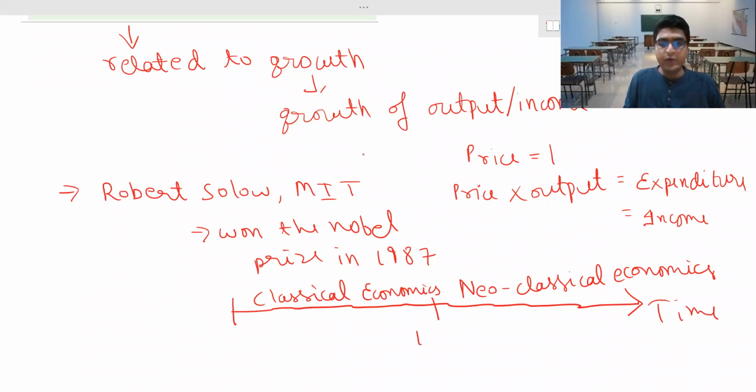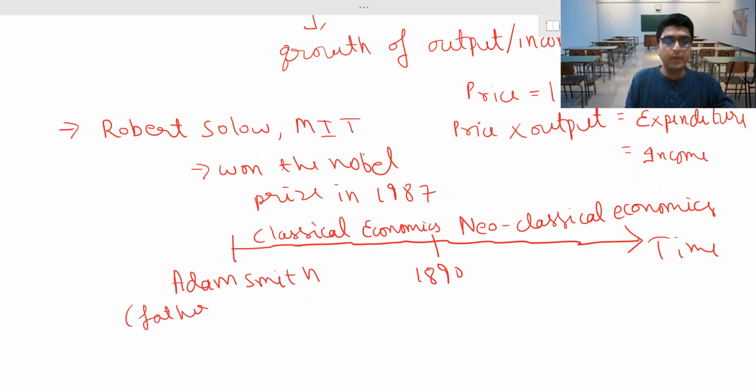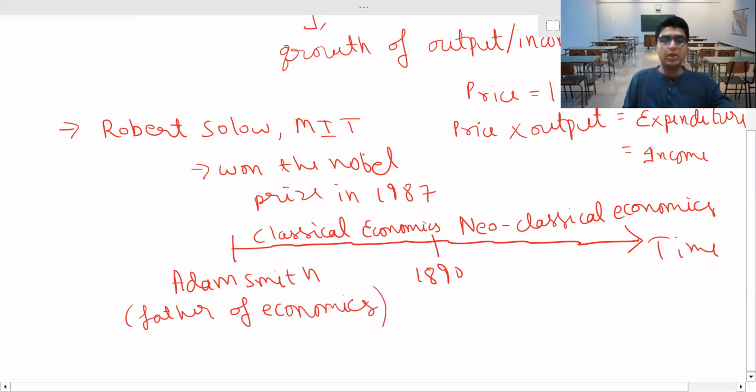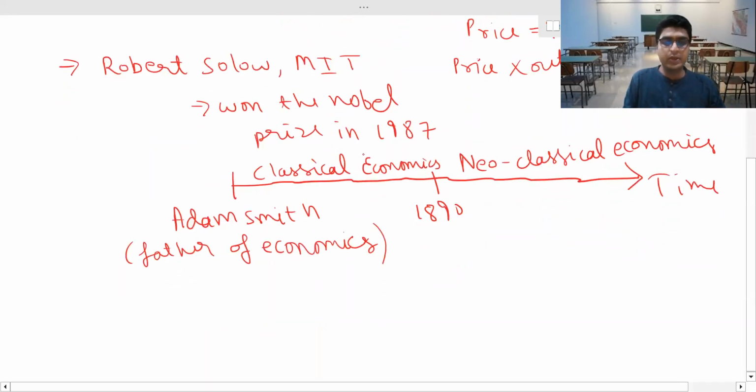So roughly before 1890, we say that it was the period of classical economics, which started with Adam Smith. You must have heard the name of Adam Smith. He's called the father of economics. So broadly the 17th and 18th century period comes under classical economics, right?